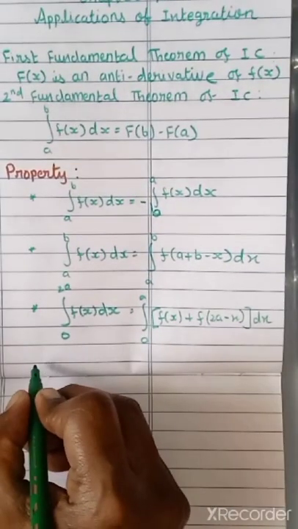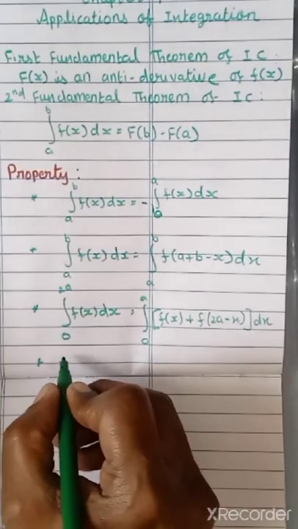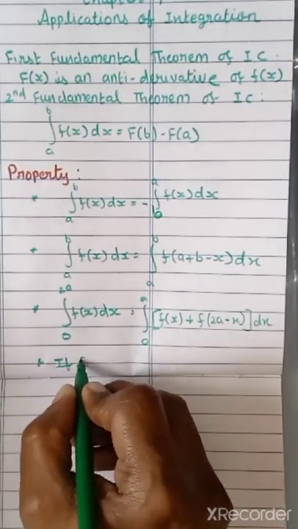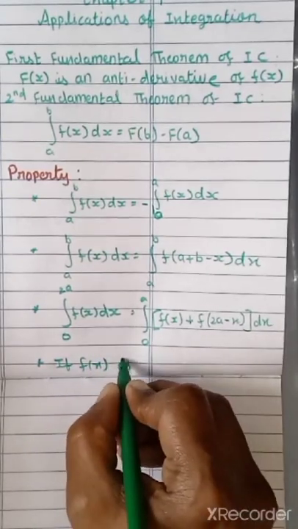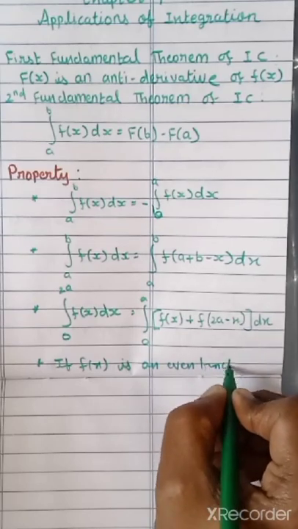Next property: we have odd and even functions.